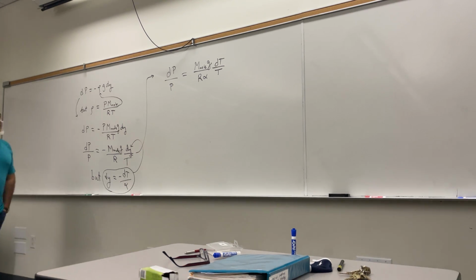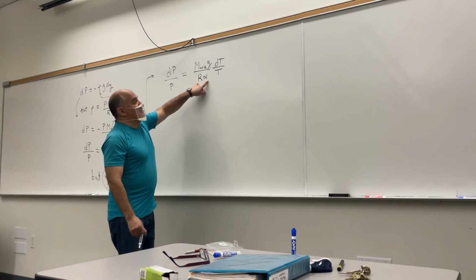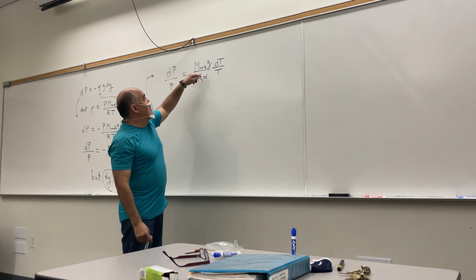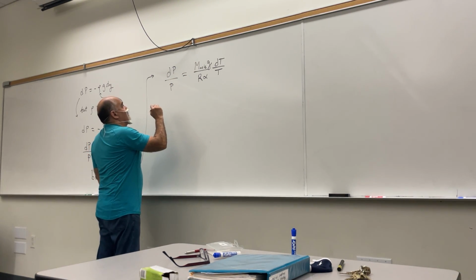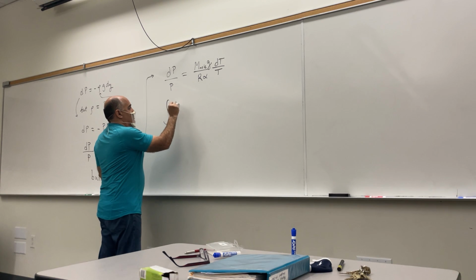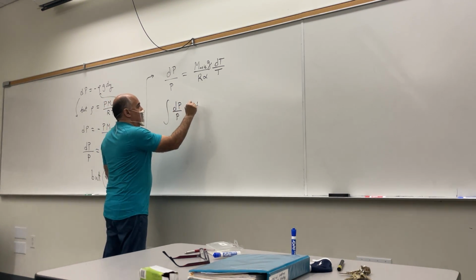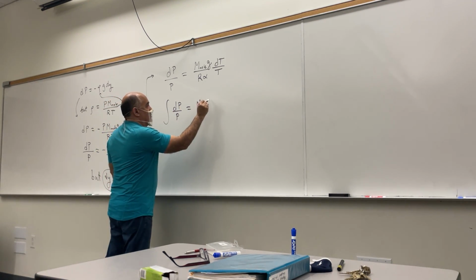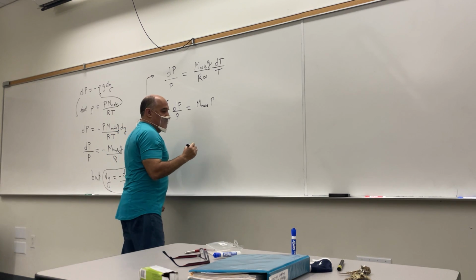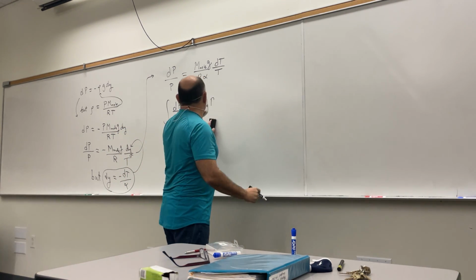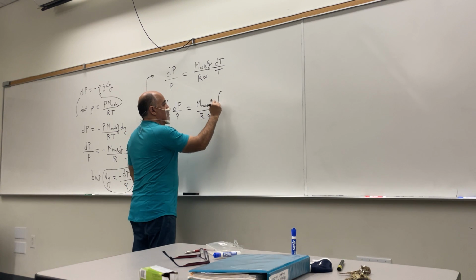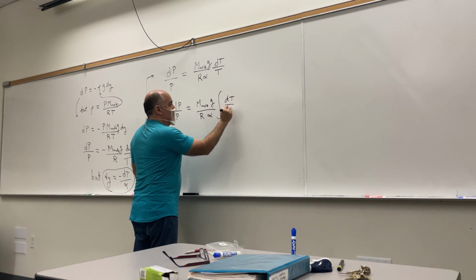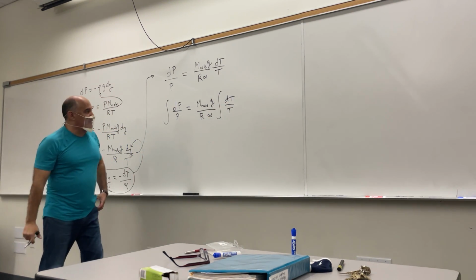Good. And now, all of this is a constant. The mass of a mole, G, or alpha, these are all constants. So now I can integrate both sides. And this is not a bad integral.